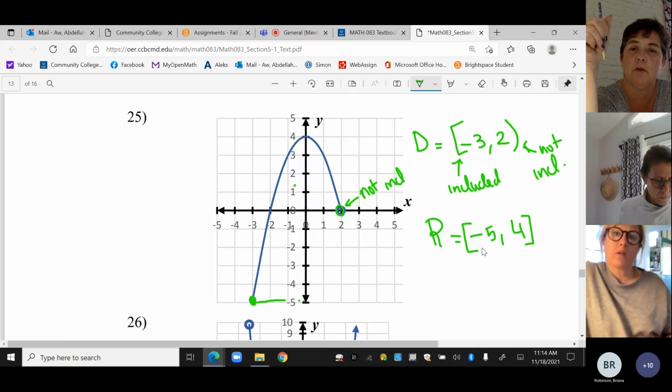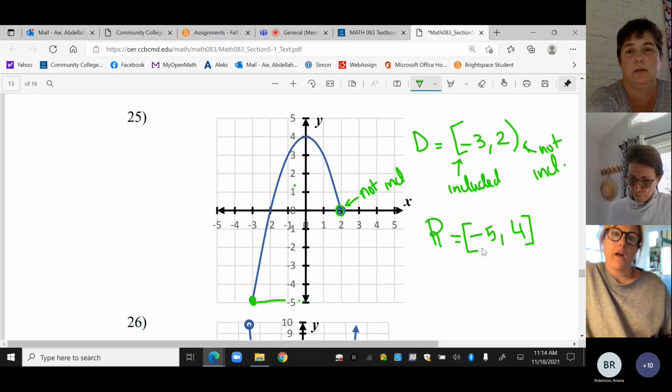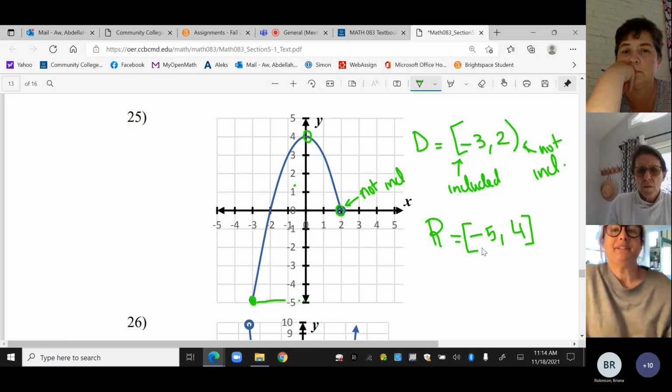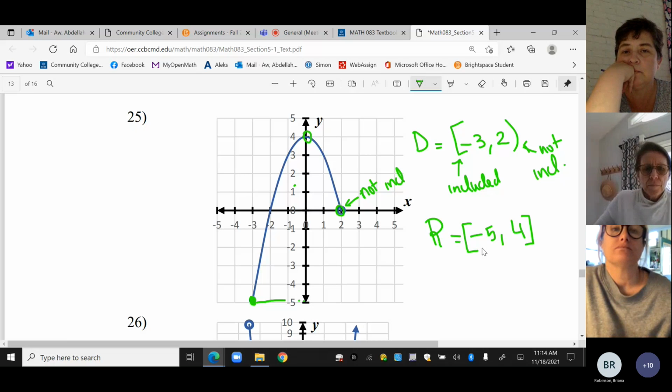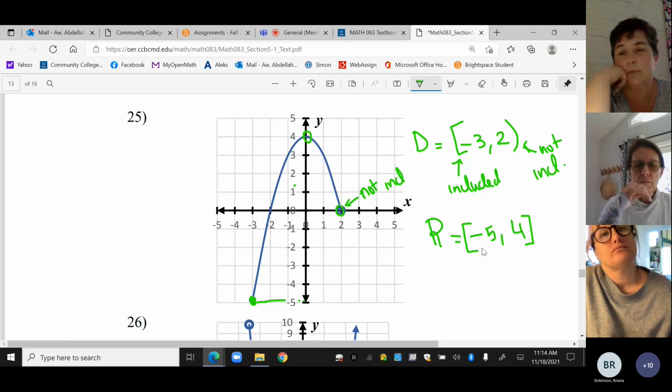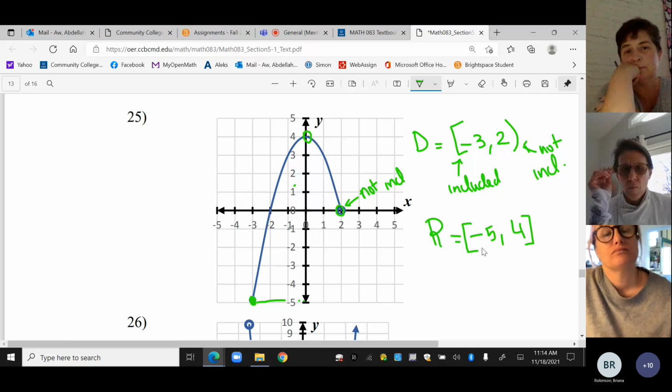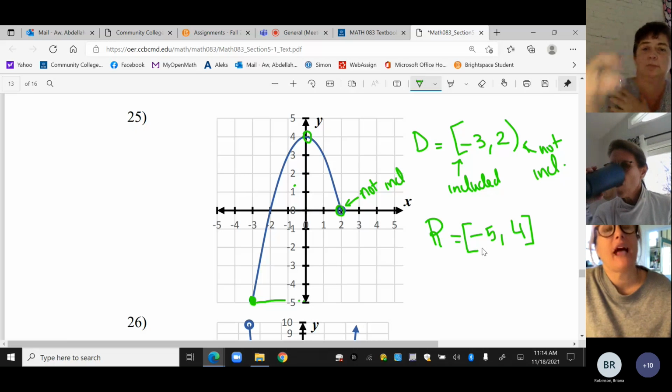Question. In what circumstance would 4 not be included? The only time a value is not included is if you put an open circle at that point.